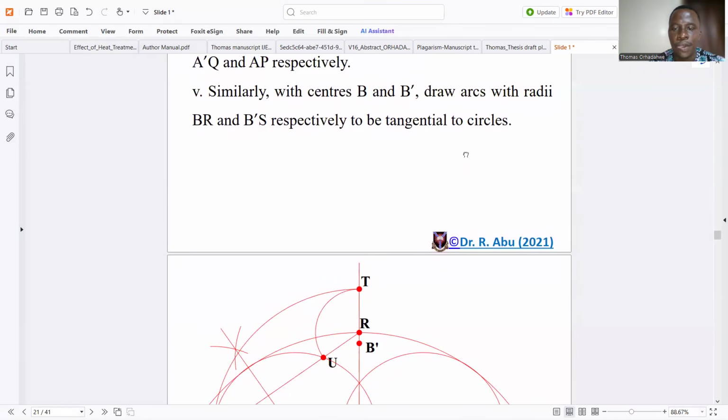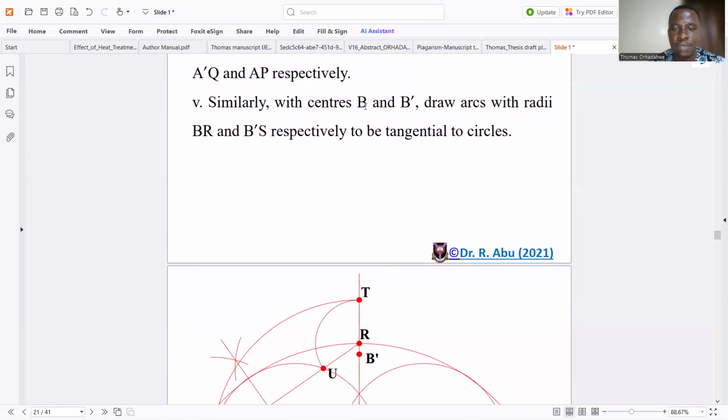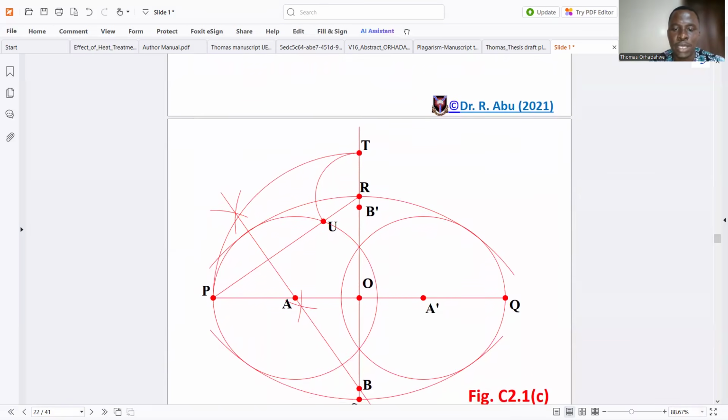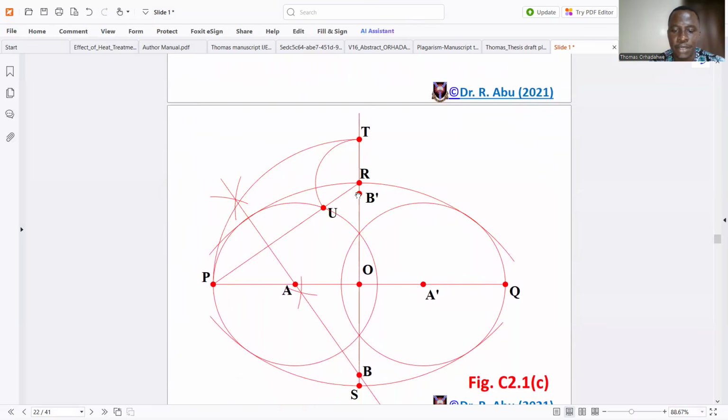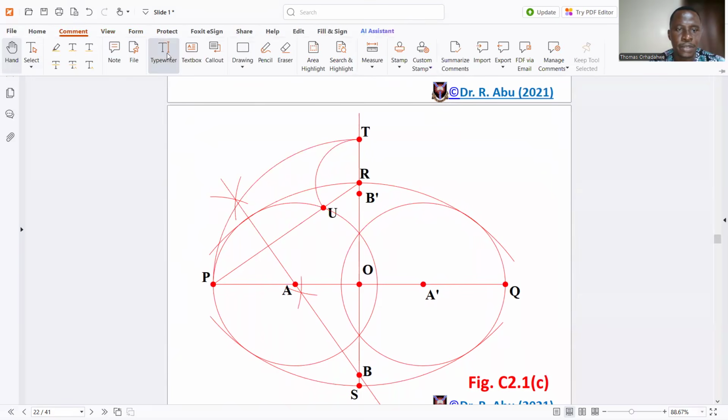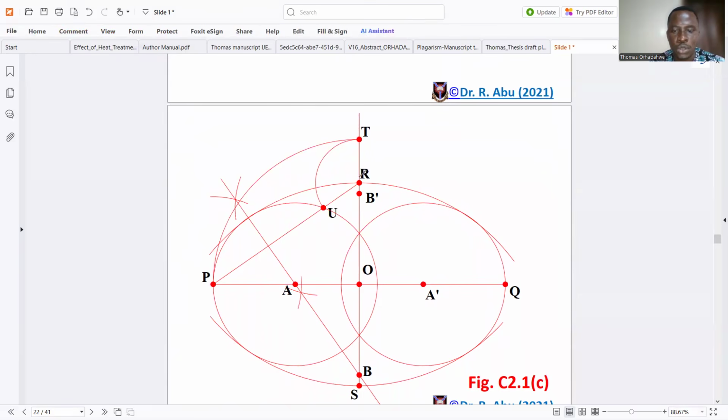So after you have drawn that circle, similarly, with centers B and B prime, draw arcs with radii BR and B prime S. So what we're saying is that from B prime as your center, open your compass to S, then draw a semicircle, draw an arc to touch the two circles.